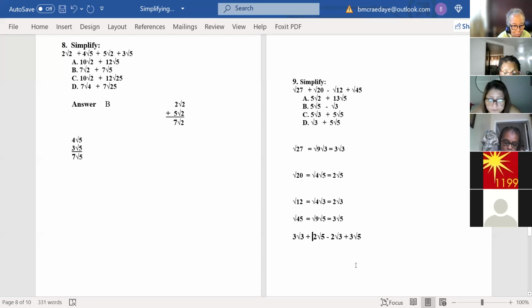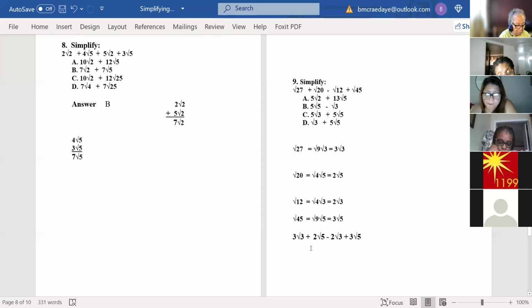So combine your square root of 3's, combine your square root of 5's, and what do you get? 3 times the square root of 3 minus 2 times the square root of 3. What does that give you, Chastity? That's 1. So you just get 1 square root of 3. Let's just put it here, 1, or you could just leave it as the square root of 3.